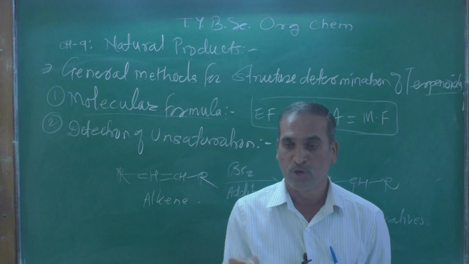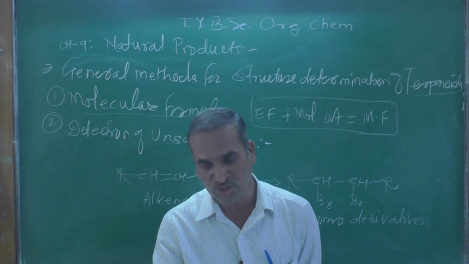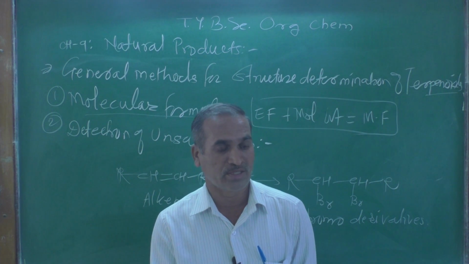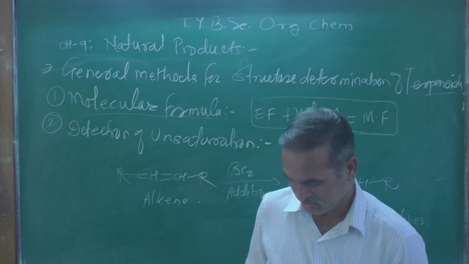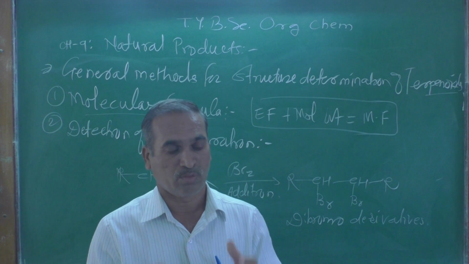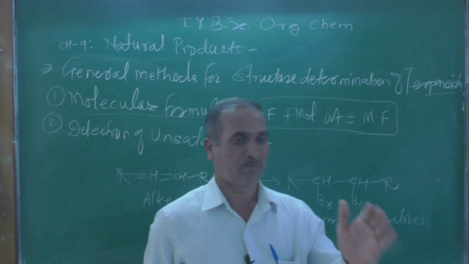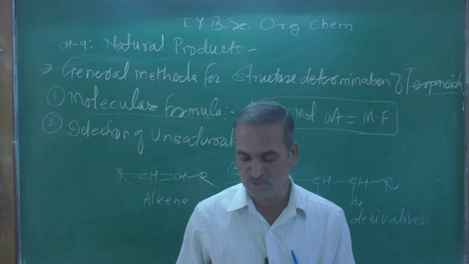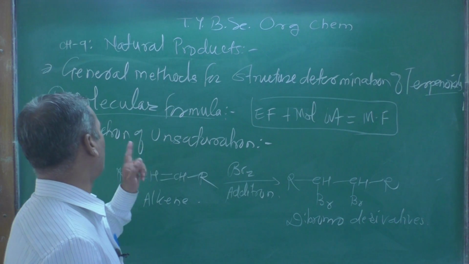How will you prove the presence of two carbon-carbon double bonds in citral? Likewise, a question may appear in an exam. So remember, these are some of the tricks while studying this type of topic, point to point.